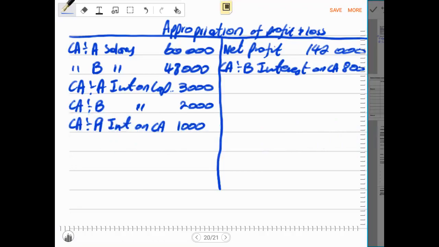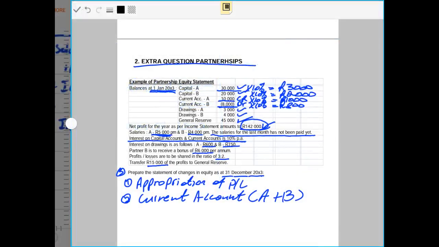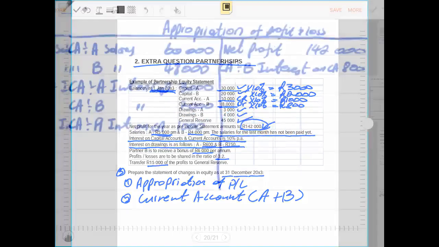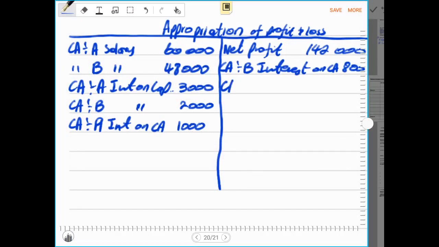Then after we record the amount of the drawings, we are told that the interest on drawings is to be shown as 600 and 750 rands. So I have to record that on the credit side, current account partner A, and we also have partner B, interest on drawings.